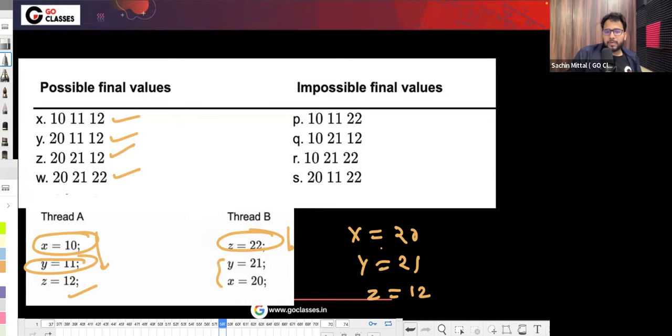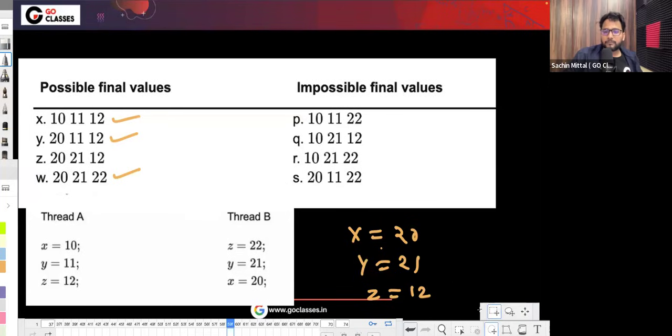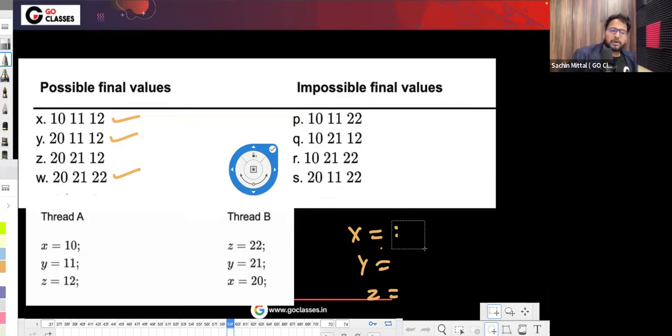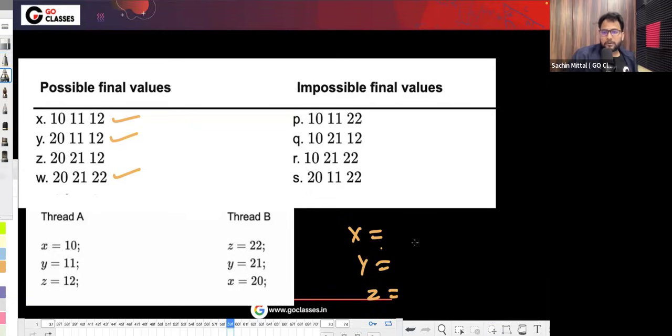Let's just see some of the impossible values. For example, is it possible to get 10, 11, 22? Let's just check. Okay, for 10, 11, 22, you want to keep this, and you want to keep 22.